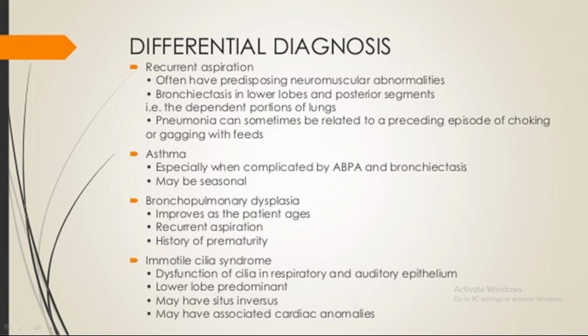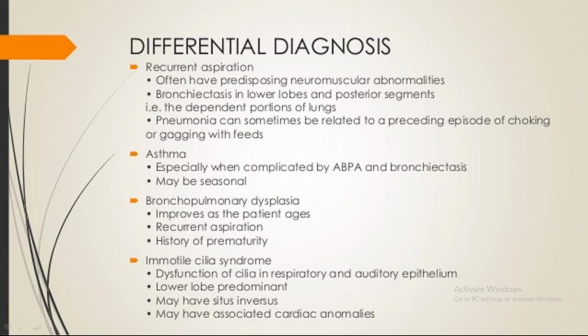Coming to the differential diagnosis, patients with cystic fibrosis may present like a patient with recurrent aspiration, asthma, bronchopulmonary dysplasia, or immotile cilia syndrome. These are the four differential diagnoses. We should distinguish these syndromes from cystic fibrosis.